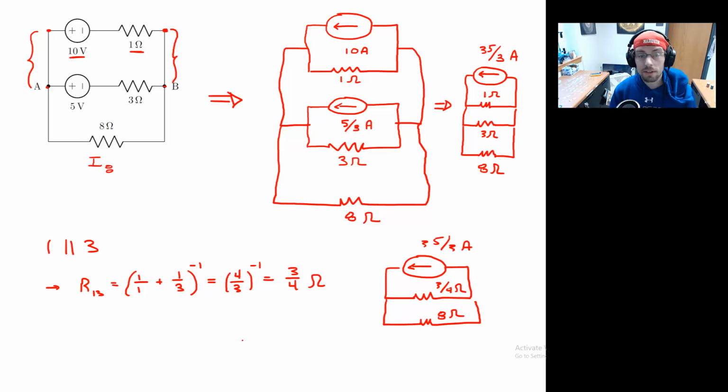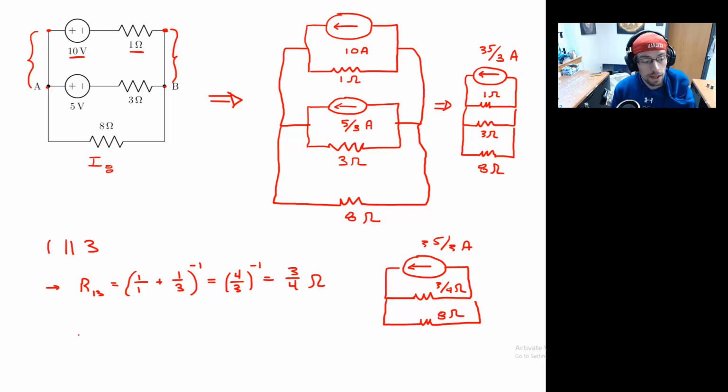Well, shoot, this is just a current divider, right? I've got 2 resistors and a current supply. And so now we can take advantage of our current divider. I won't go through the derivation. We've done that once. Go back to the KVL, KCL lecture if you don't remember that.